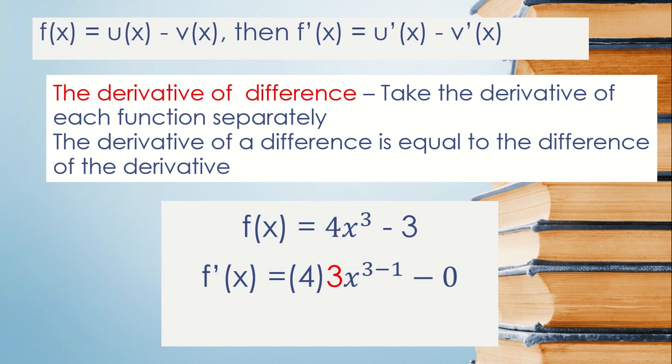Kung kabisado natin yung formula natin by heart, anong sabi doon sa formula? The derivative of the constant is 0. Automatic, pag kinuha mo yung derivative ng any constant, answer is 0. Simplifying, this becomes 4 times 3 is 12, and then x raised to 3 minus 1 becomes 12x squared. Yung final answer natin.